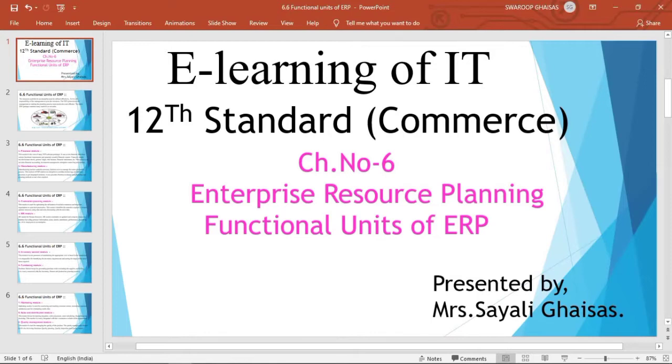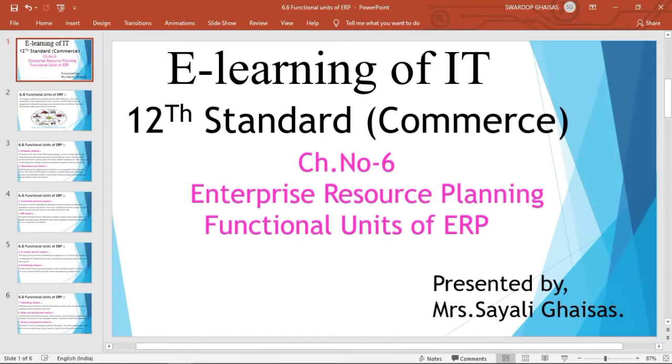We are discussing the 6th chapter from the syllabus, that is Enterprise Resource Planning. In the last lecture, we have seen the concept of ERP. There are two different approaches towards the enterprise: an enterprise with no or little communication between departments, and an enterprise with a central database, having communication between the different departments.